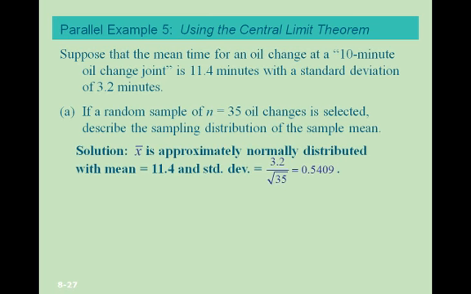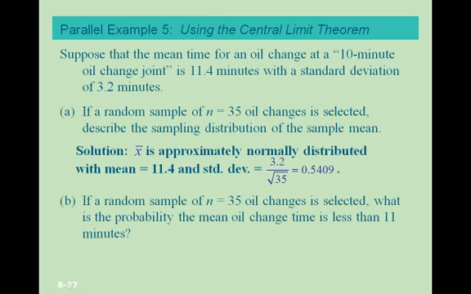We can say that x bar is approximately normally distributed with a mean equal to the original one, 11.4, and a standard deviation equal to the original standard deviation, 3.2, divided by the square root of our sample size, which was 35, and we get a value of the standard deviation for x bar as 0.5409.